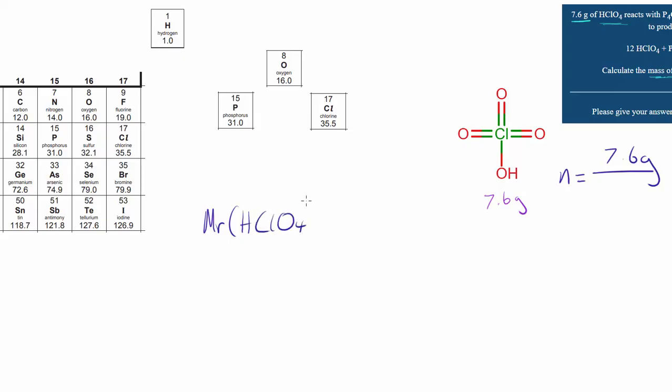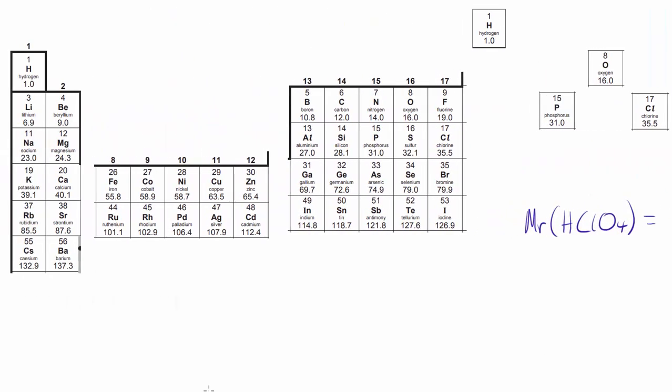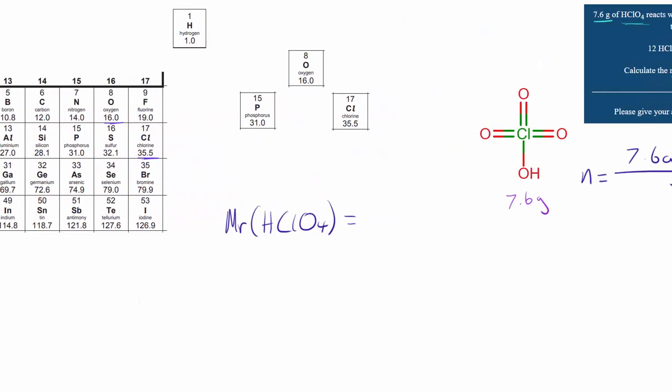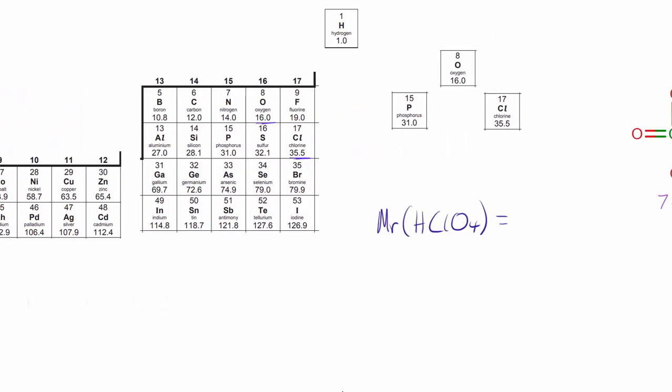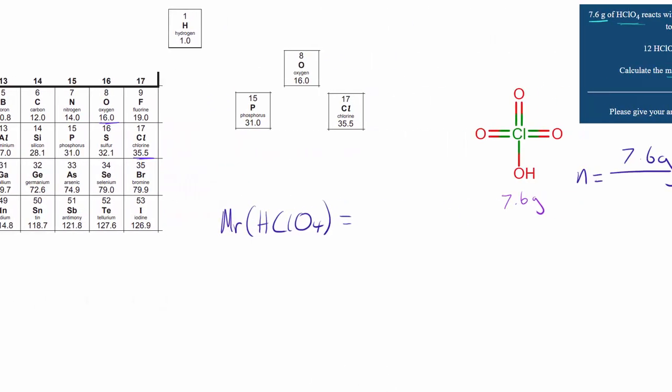If we refer to the periodic table, the relevant elements are hydrogen, chlorine, and oxygen. If we look at their relative atomic masses, we can use that to calculate the molar mass.